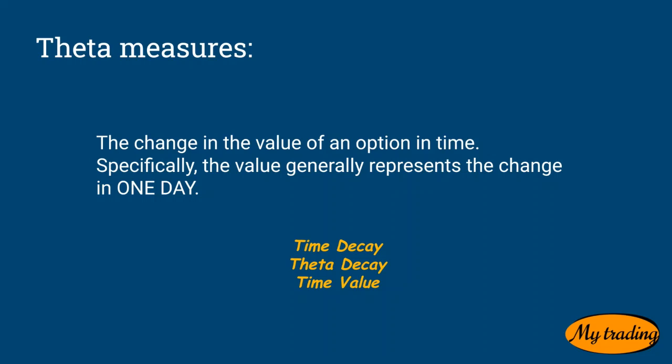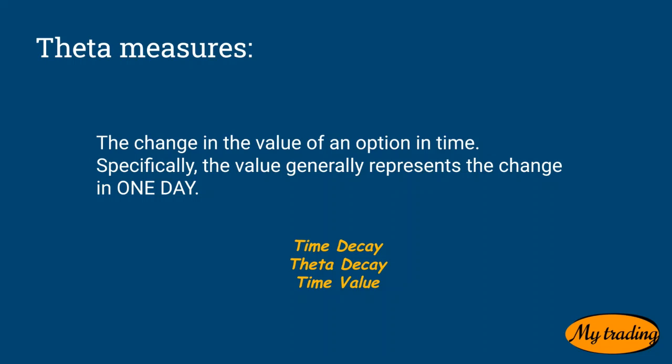So the value of the theta that you see represented on the analytical software I'm going to show you on the Thinkorswim platform, that number, is going to represent the change to my P&L in 1 day. In other words, if 1 day passes, the theta number will tell me how much my position will increase or decrease.